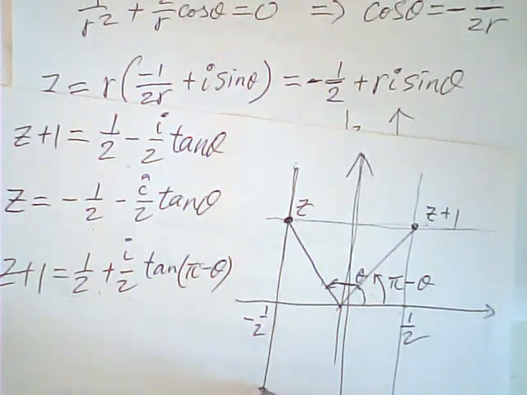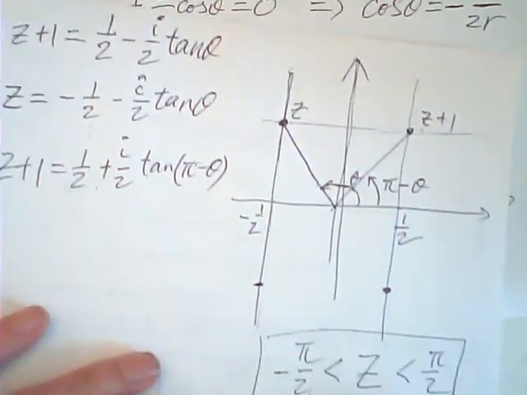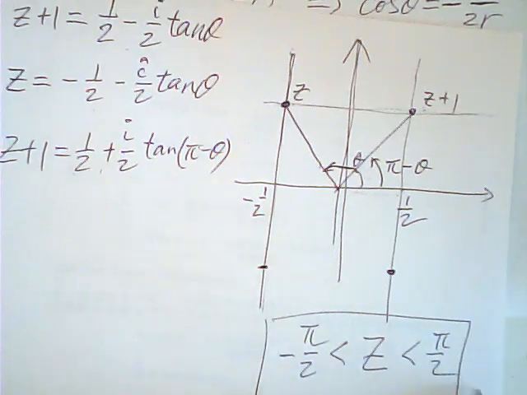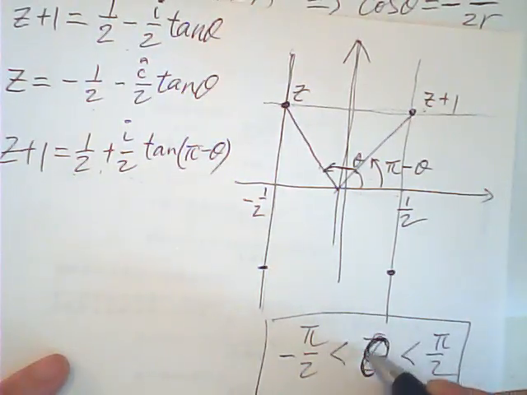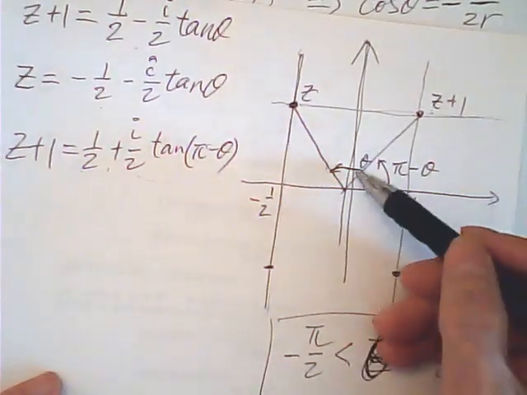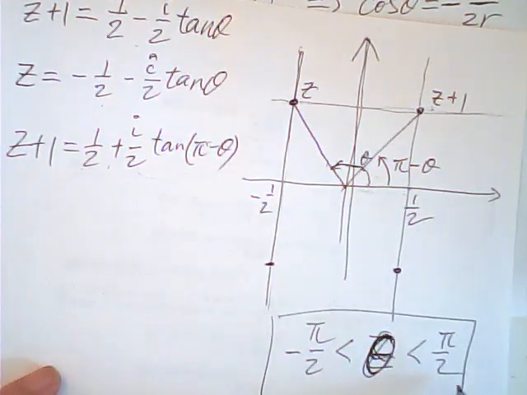See, z could be here, z plus 1 could be there. The argument must be between negative half pi and positive half pi. See, sorry, this is theta, not z. The argument for z must be between minus half pi and positive half pi.